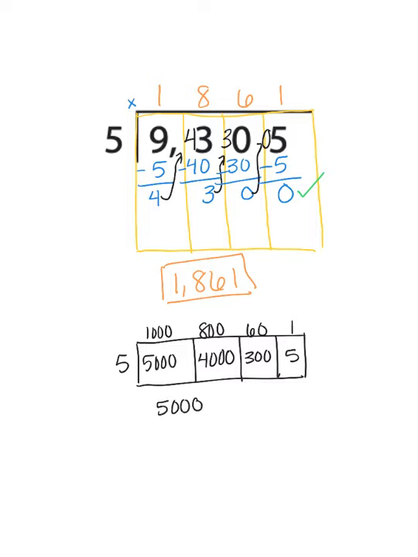So when I add those partial products together, I want to get 9,305. So let's see what we get. I got that 9,305, so I know that my original quotient is the correct answer.